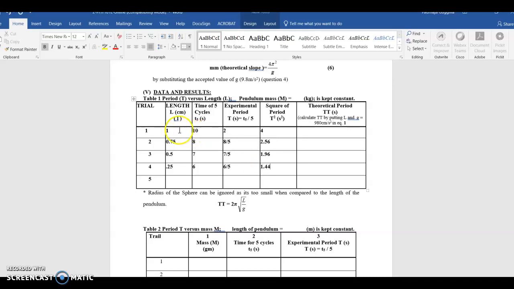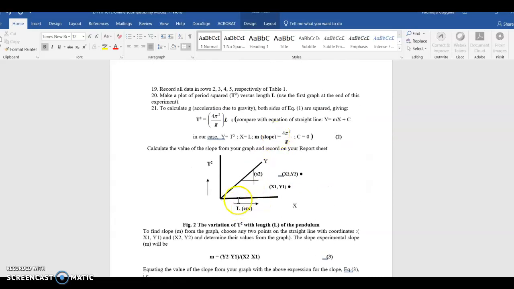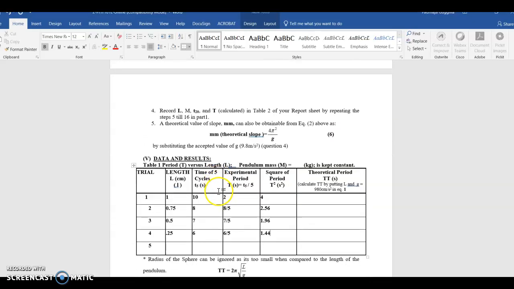So I got the values of length and T square. So my graph should be length versus T square. So I'm going to pick two values. I can pick any two values. So I'm going to pick this and the y value as this.